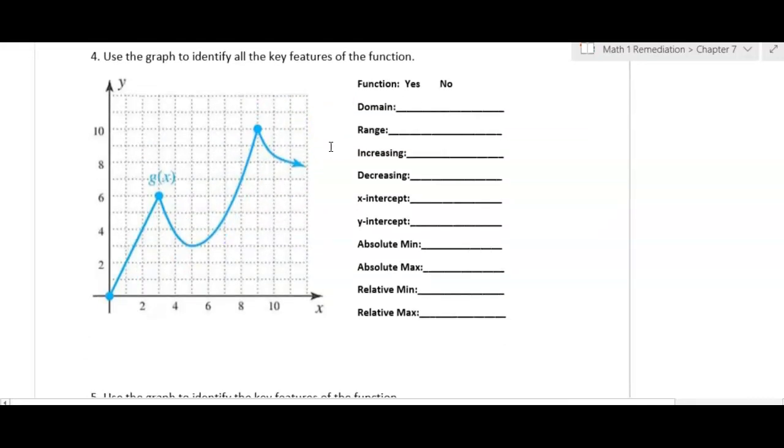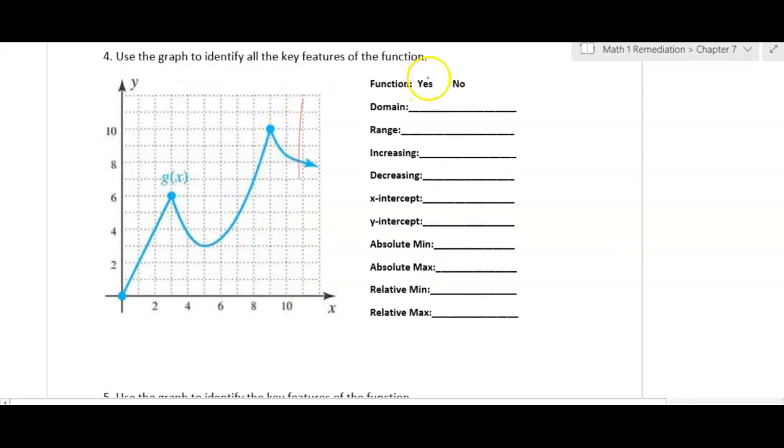So what do we use to determine if a graph is a function? We use the vertical line test, right? So if I start drawing all these vertical lines, do any of them go through the graph more than once? No. Therefore, we would say that this graph represents a function. Now the domain, from left to right, over what x values does this function exist?